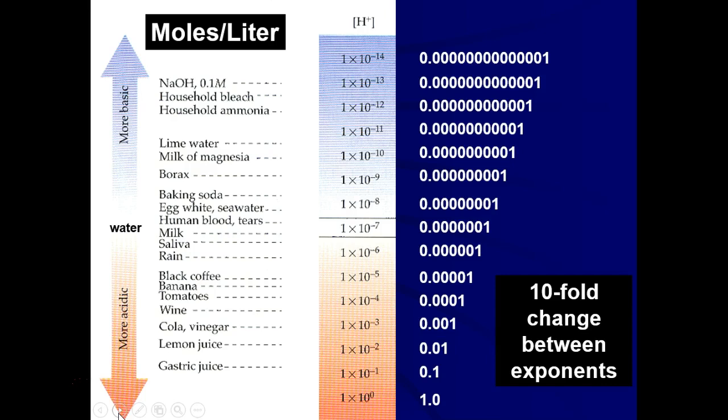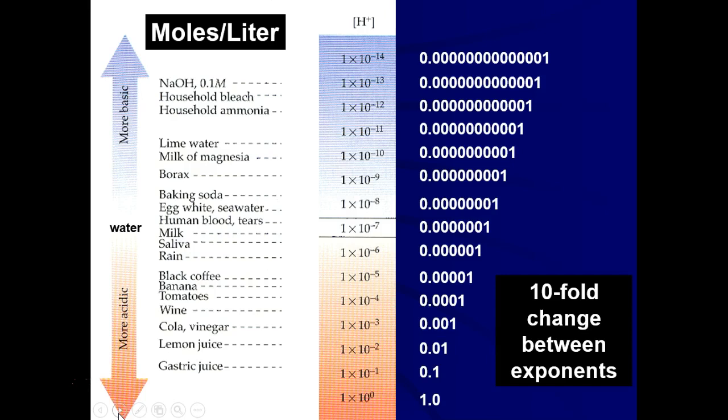Now, playing with numbers that are exponents, like minus 9, minus 5, minus 2, is a little bit tricky. So a Danish chemist named Sorensen came up with an easier way to measure the hydrogen ion concentration. What he did was just a transformation using some algebra.